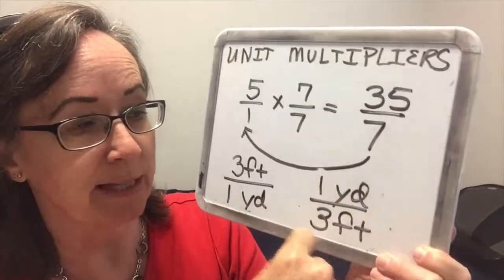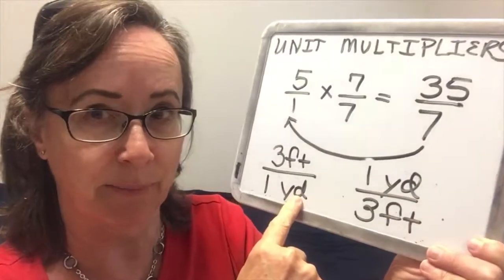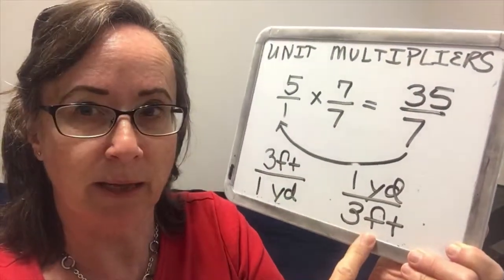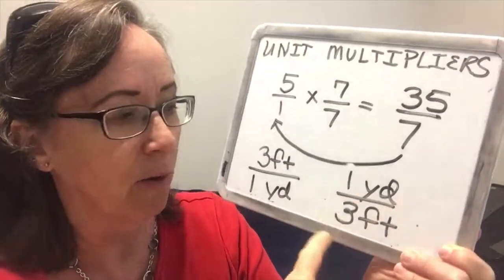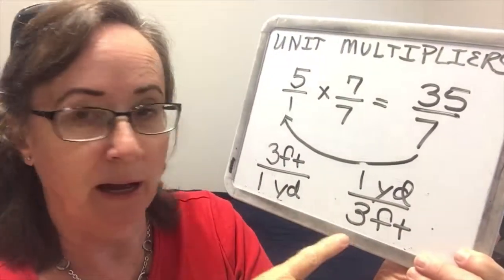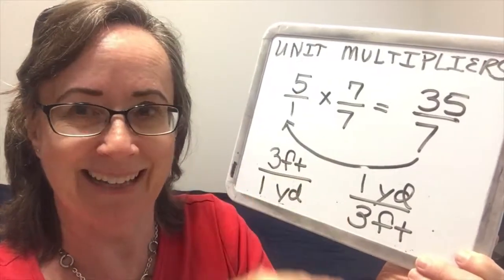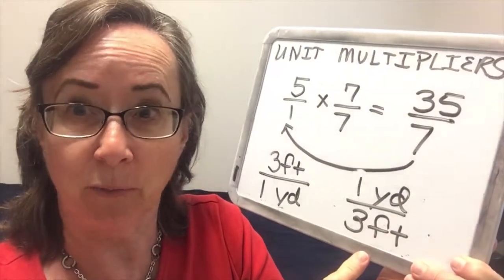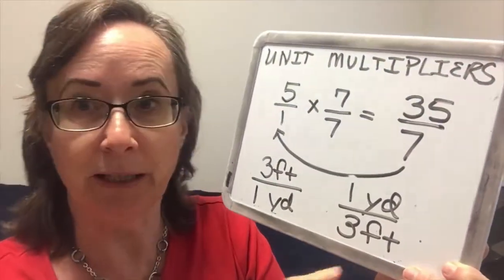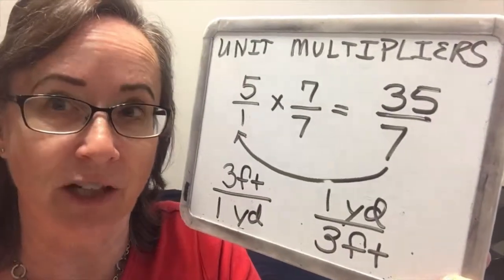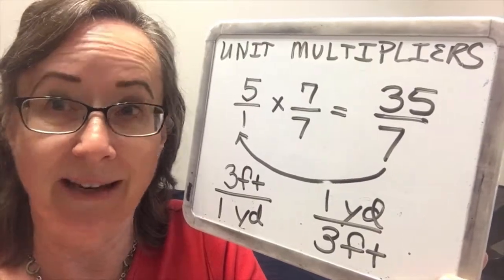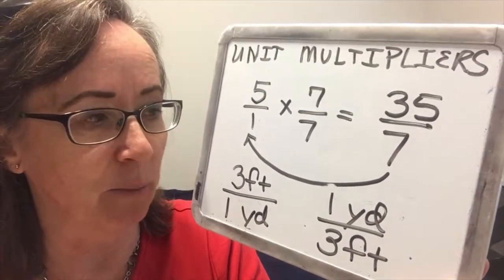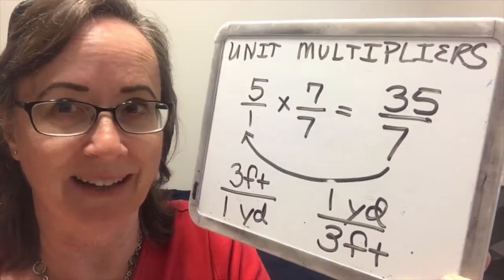Okay, so we would use this one, which is the same as this one flipped over. We would use this one if we started out in feet and then we wanted to turn it into yards. We would write the same unit conversion upside down to get what we want. So that's what we're going to be doing in the next section, is converting answers from one unit to another so that we can get them in the form that we want them.